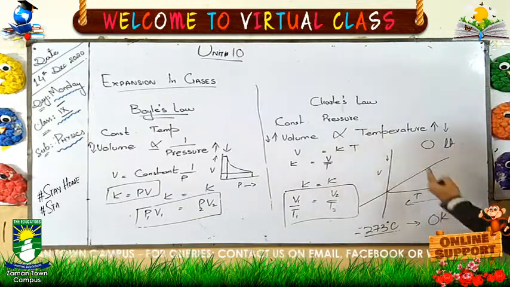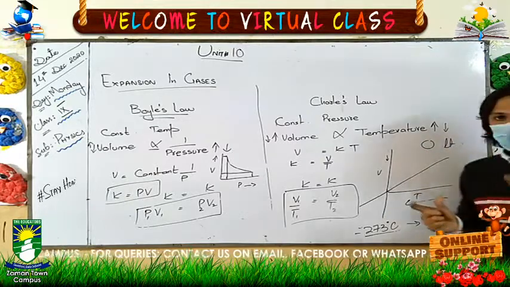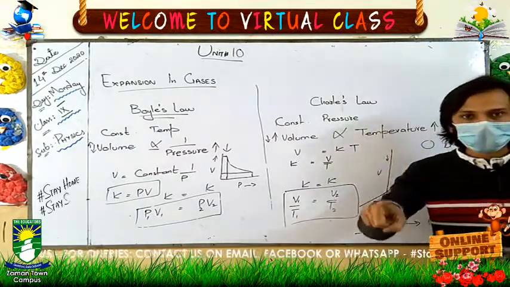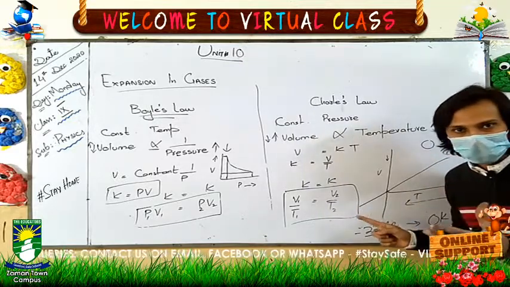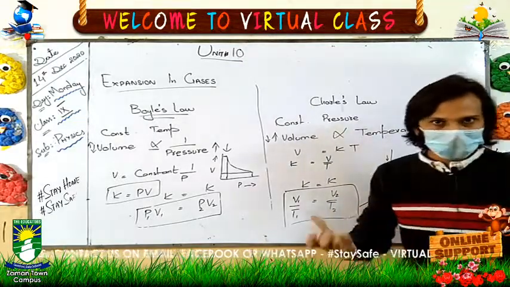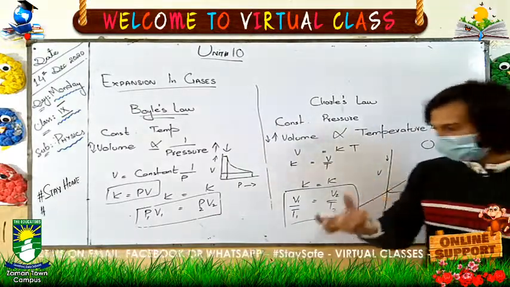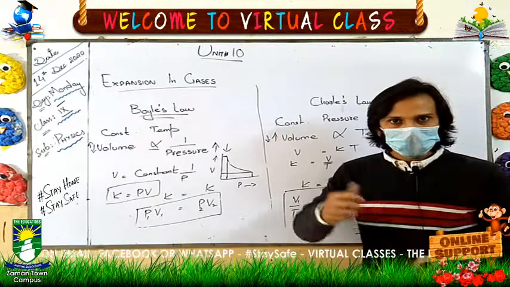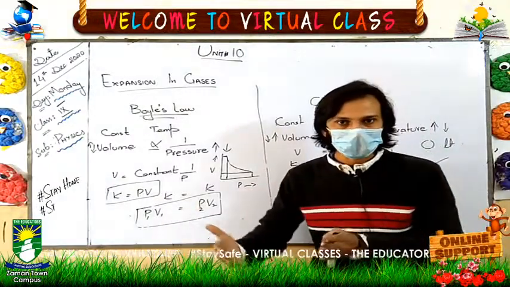But here we are getting another wrong concept, which is 0 liter. This is because this law is only applicable for gases. But as we decrease the temperature of any gas, it will automatically liquefy. Just suppose I am decreasing the temperature of a gas from 0 to minus 40, what will happen?